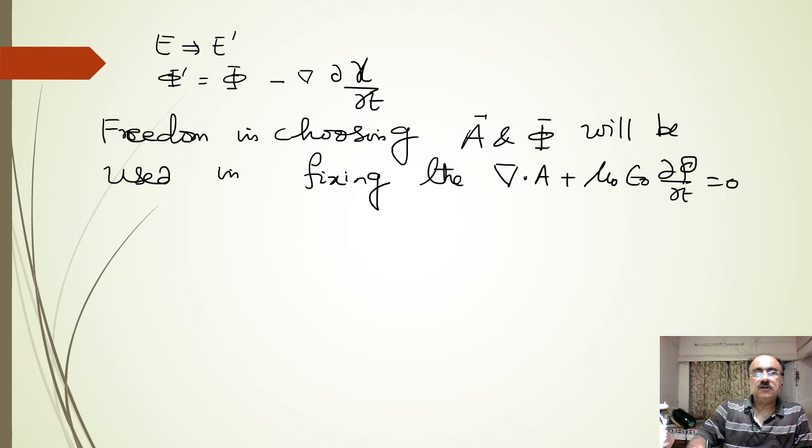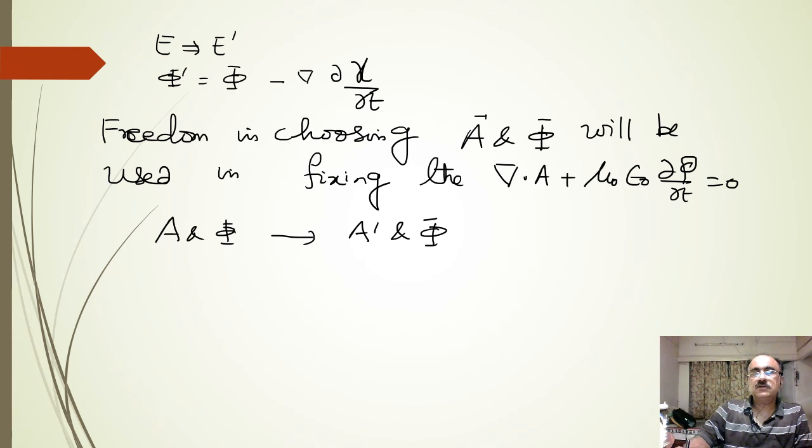What does this mean? That even if we have the initial set of potentials A and phi for which this condition is not true, then we can make a transformation of A and phi to A dash and phi dash.